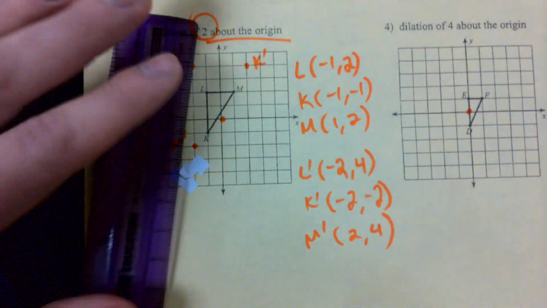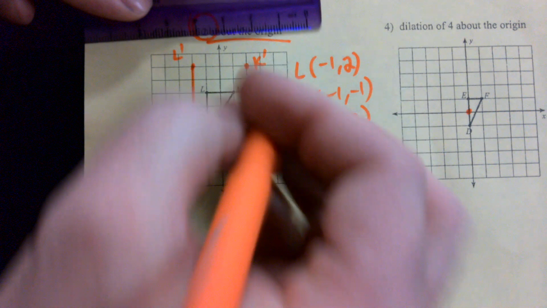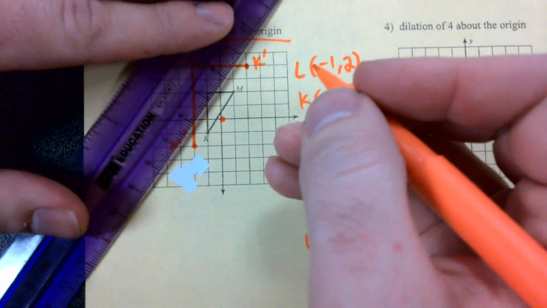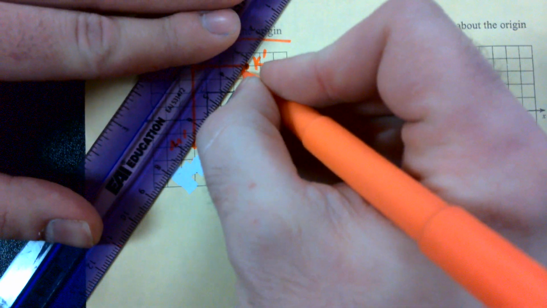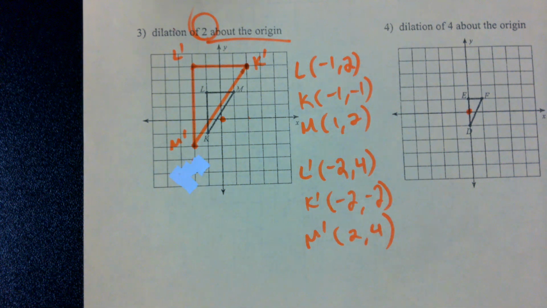So let's see what happens when we connect these lines together. We got those two, these two, and now when we connect K prime to M prime, we see that our larger triangle is not completely surrounding our pre-image triangle.